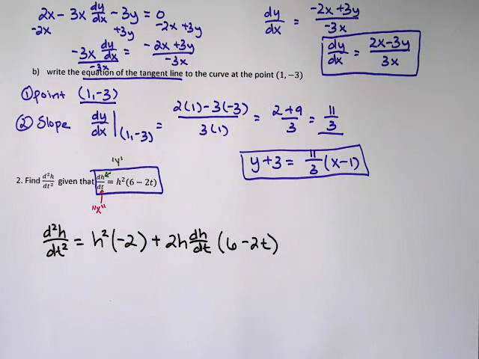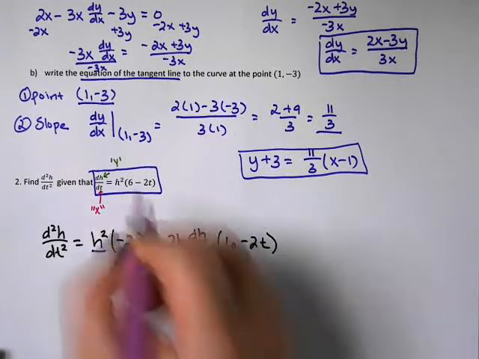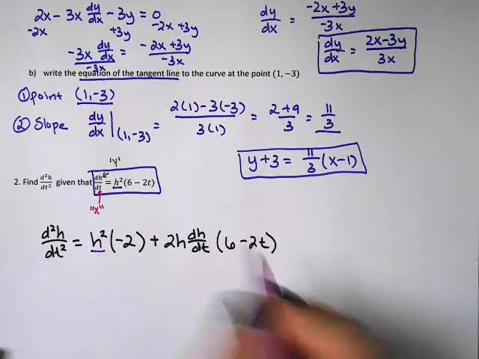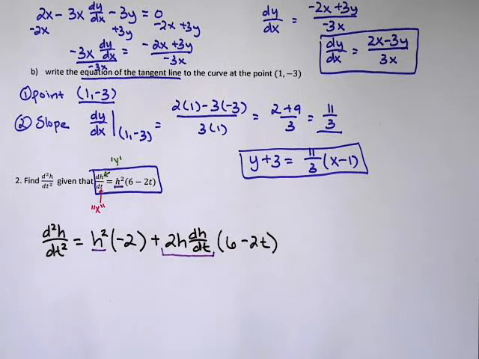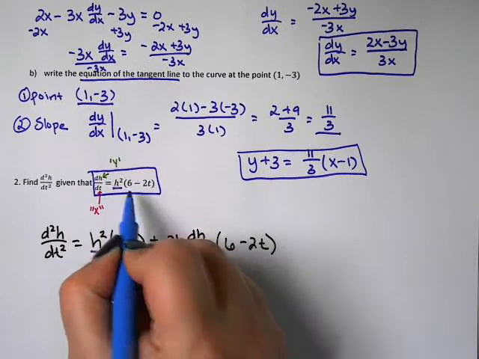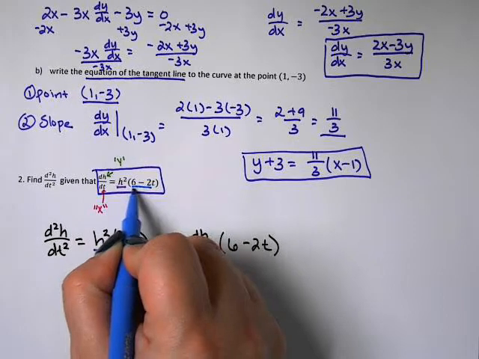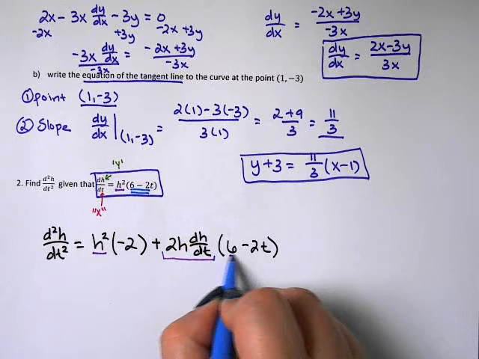So I'm going to take just a quick second. I'm going to underline a couple of different parts here. So this h squared was this first function, and then the 2h dh/dt is the derivative of that first function. And then we've got 6 minus 2t, that's my second function, which is right here.